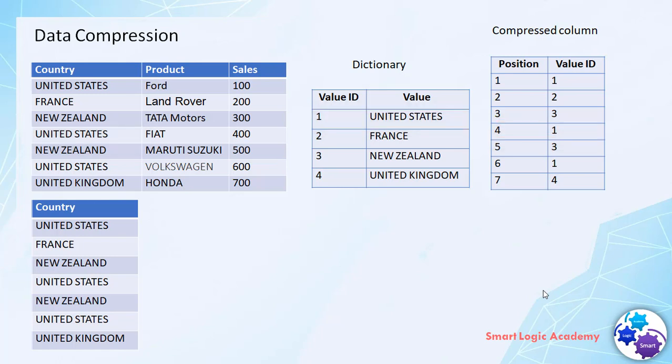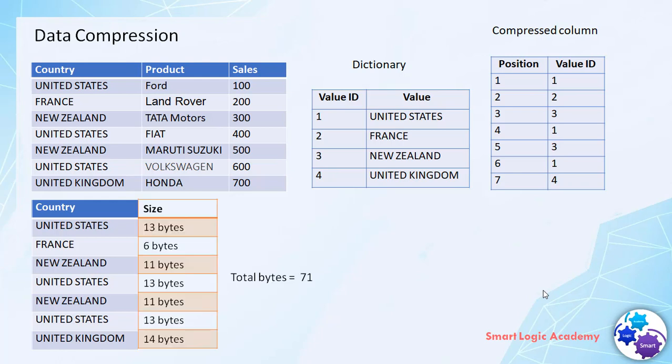You must be wondering why we are not directly storing the actual values, but we are storing the value IDs corresponding to those actual values in the database. This is because, as you know, for each character to store we require 1 byte. So similarly, if you want to save this complete column country, it will take 71 bytes.